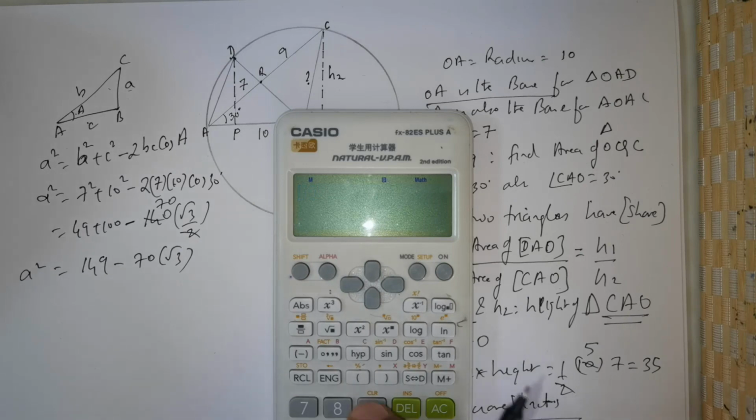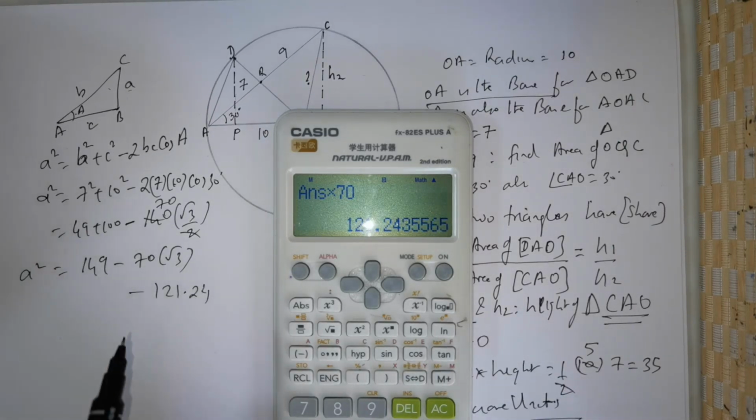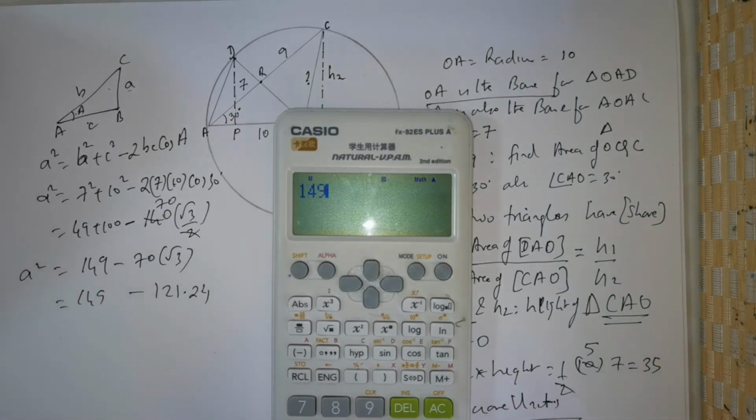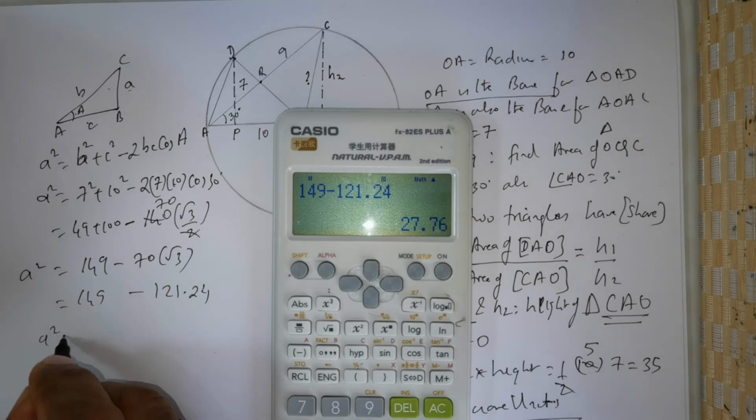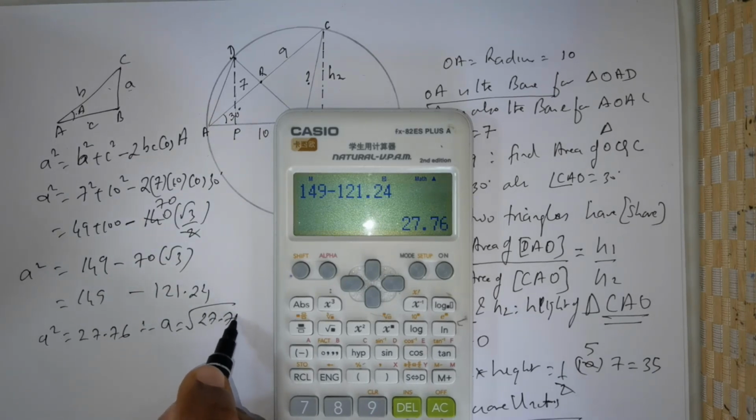Root 3 into 70, so that is 121.24. I'm just taking it like that. And from 149, so 149 minus 121.24. So I get this. So a squared is 27.76.